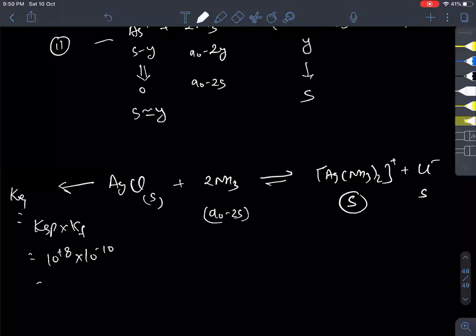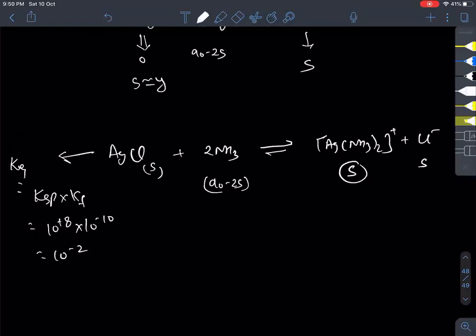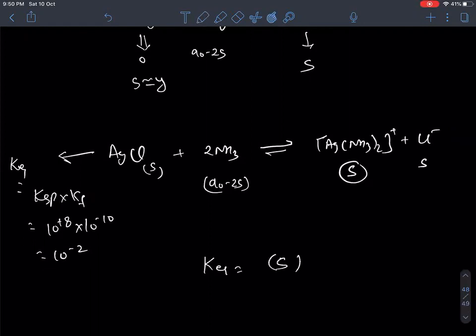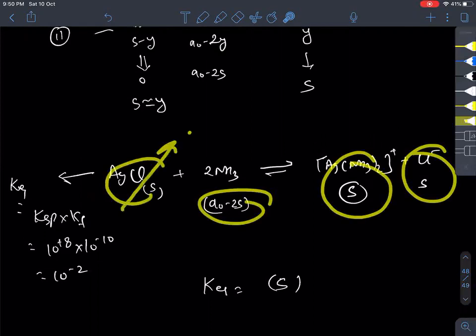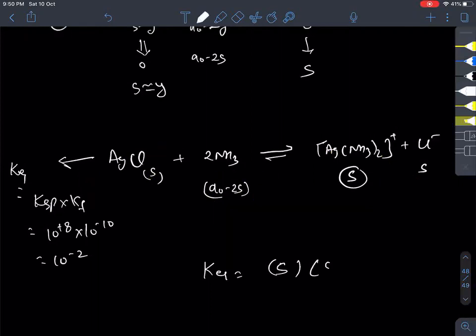So basically 10 to the power minus 2. Now you simply solve it. Simply apply the value of K, the equilibrium constant, which will be equal to the product, S into S upon this, because it is a solid, active mass is 1. So you have got the solution now. You solve this and you will get the solubility.